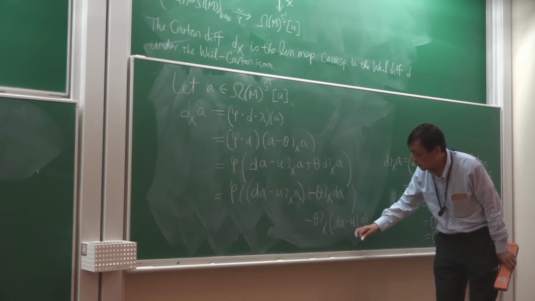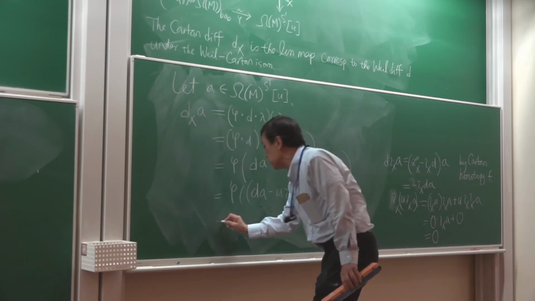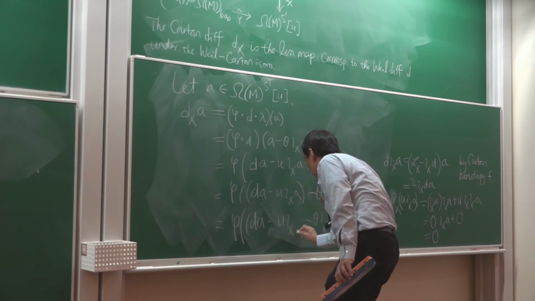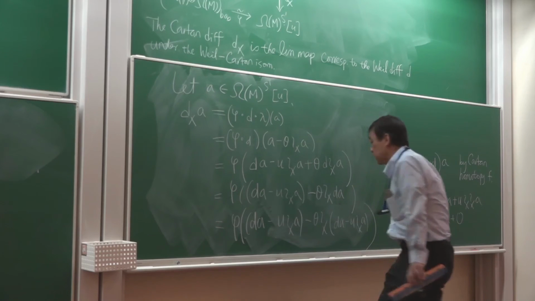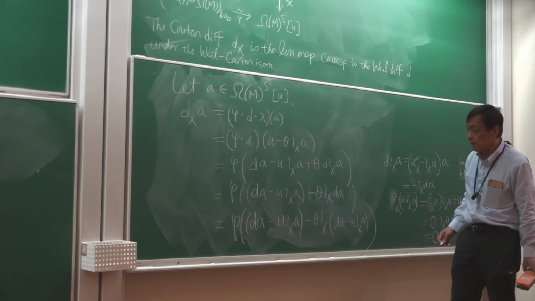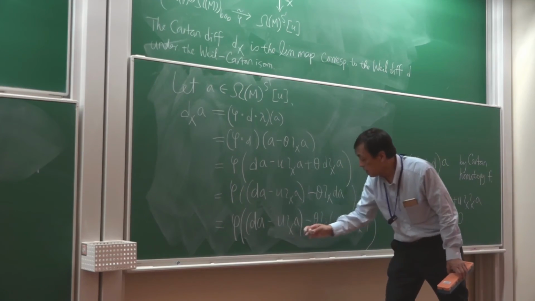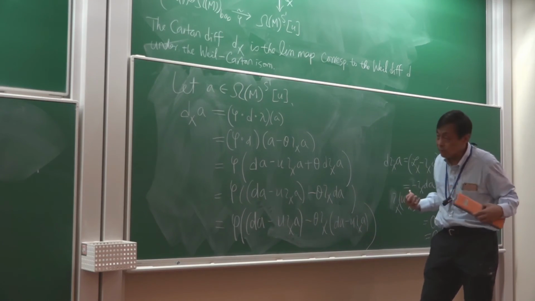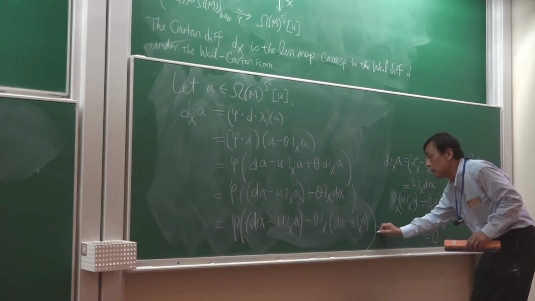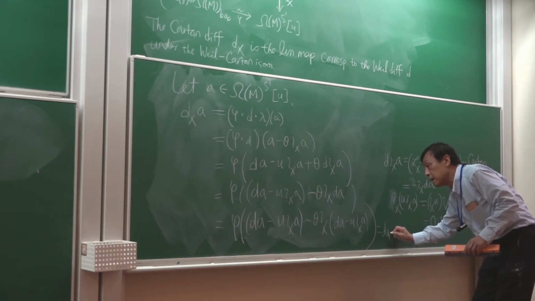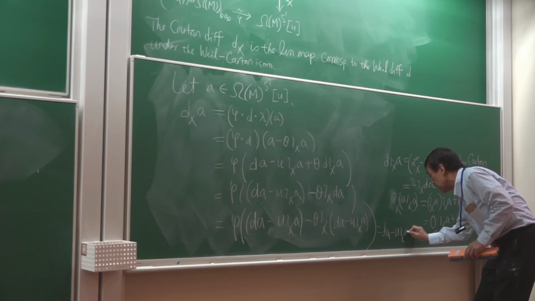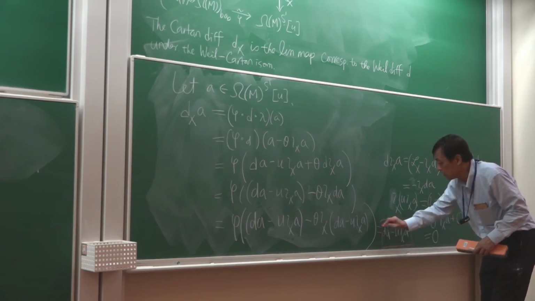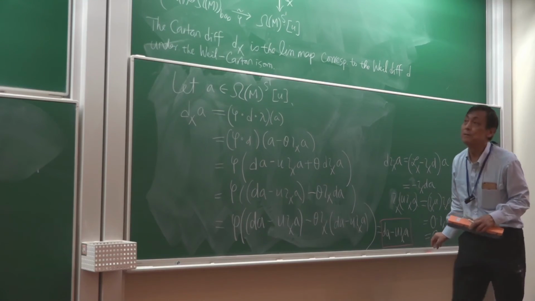So this extra term is 0, and so you can put it there: dA minus U i_x A. And you see, so you have this minus theta i_x, the same thing again. Therefore, phi of it is dA minus U i_x A. Okay? So that's the Cartan differential.